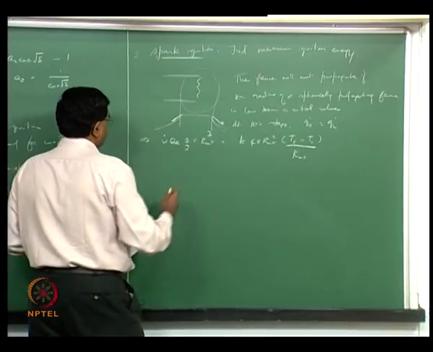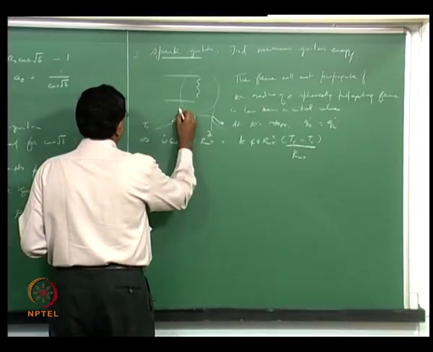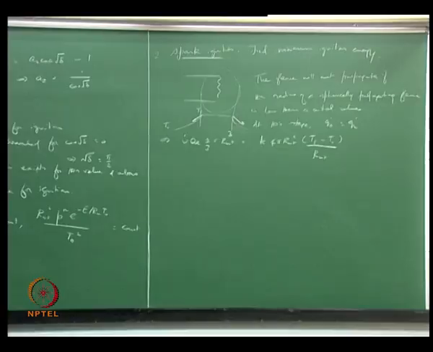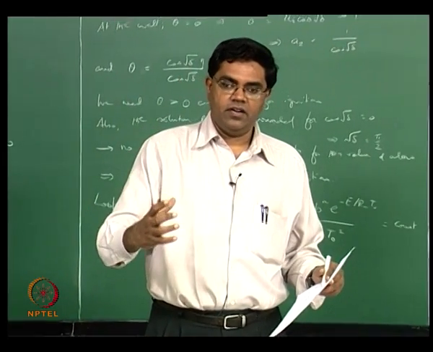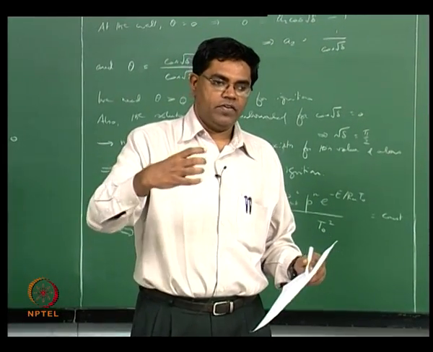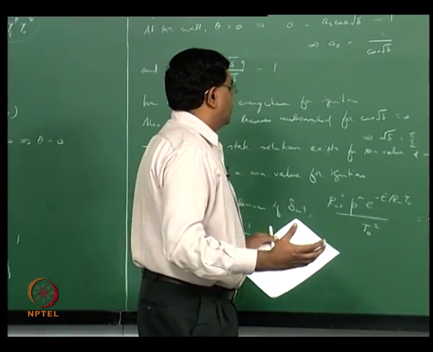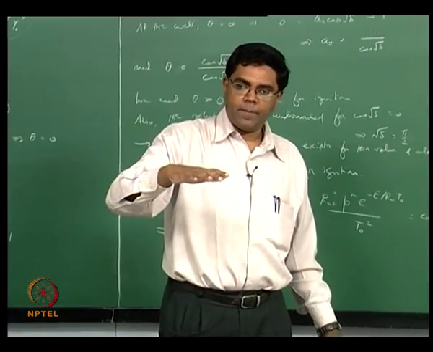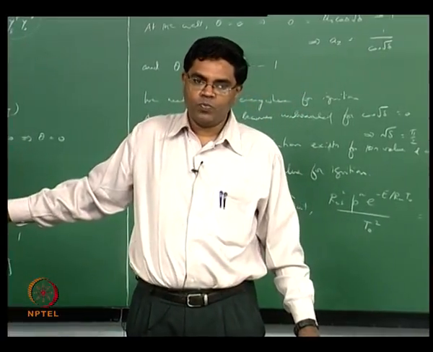In fact, if this is your T naught, let's do this on this side, and this is your Tf, you could actually take a cylindrical column. Let us suppose that you now think about a hollow cylinder, that means a cylinder of a wall thickness, right. So you have an inner radius and an outer radius, and the temperature inside is uniformly Tf, okay, and now you tend the outer radius to infinity, okay.